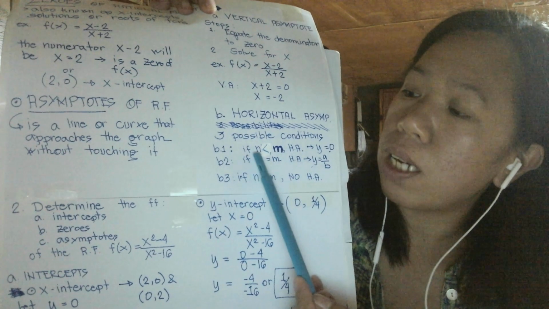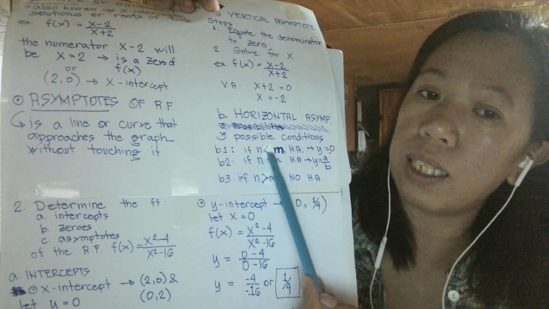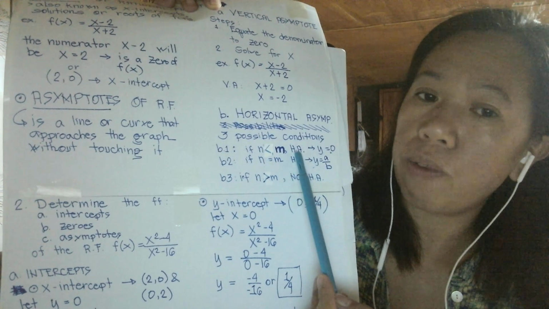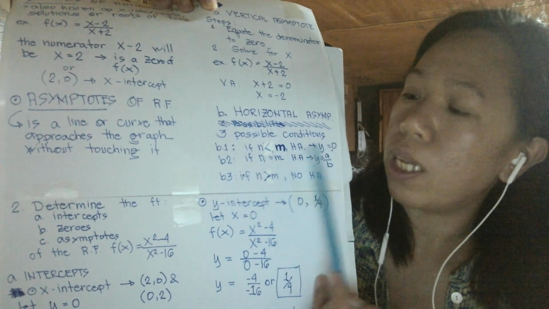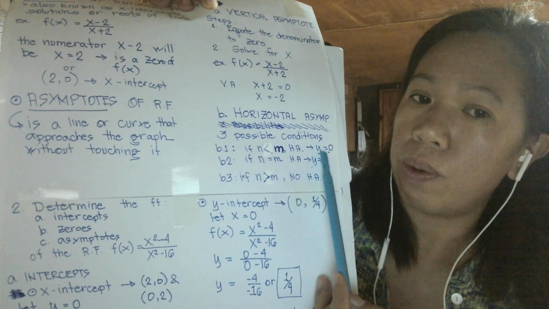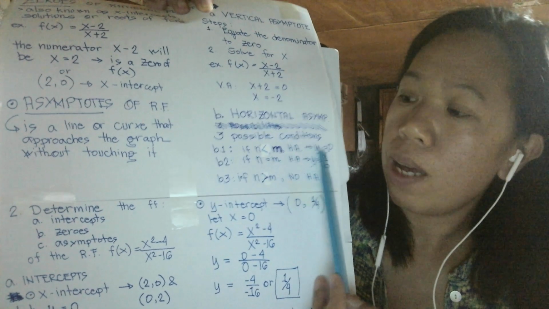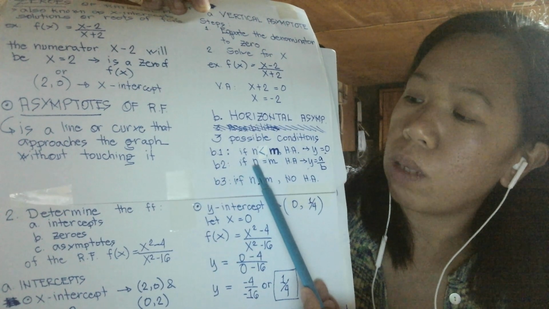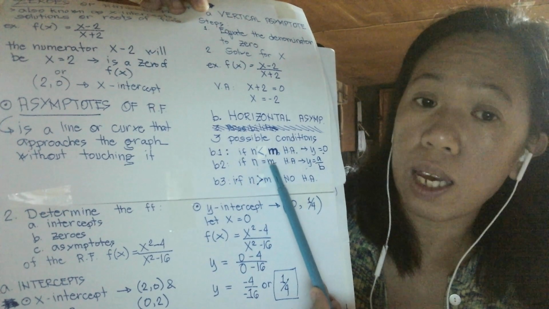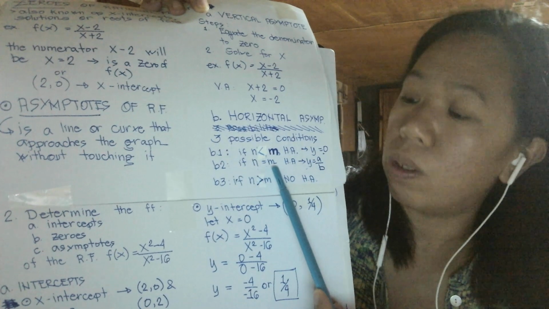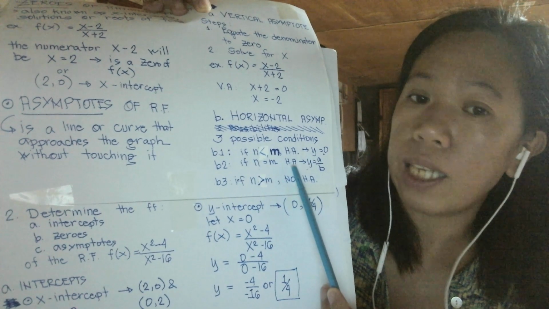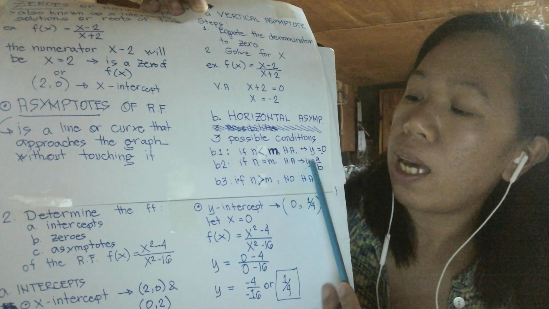So if the degree of your numerator is less than the degree of your denominator, the location of our horizontal asymptote is at y equals 0. Okay? Second condition, if the degree of the numerator is equal to the degree of your denominator, then your horizontal asymptote is located at y equals a over b.